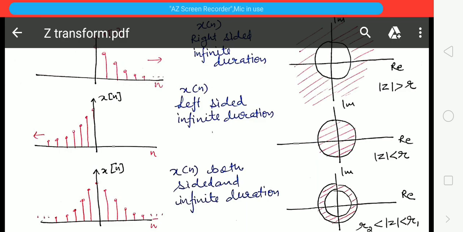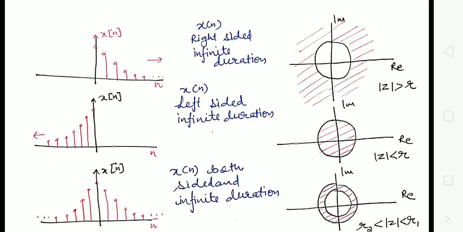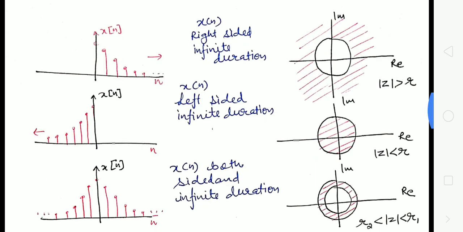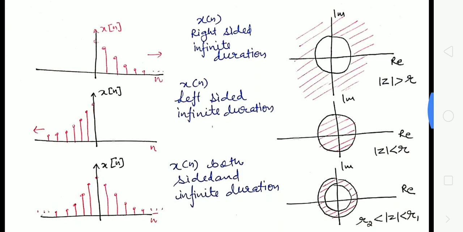And if x(n) is both sided and infinite in duration, then we will get a ring. Here we can see that r2 is less than mod z is less than r1. It means the radius of the innermost circle is r2, and the radius of the outermost circle is r1.